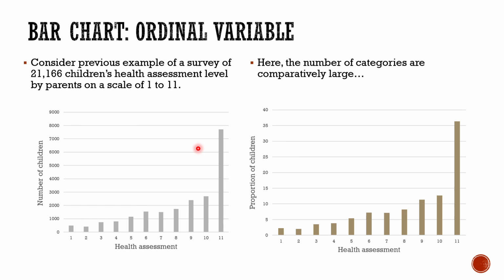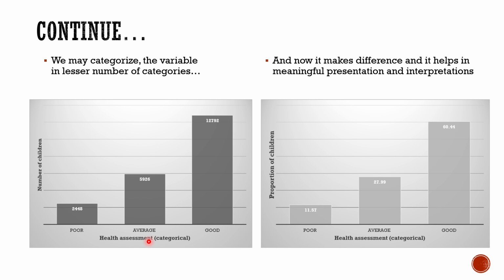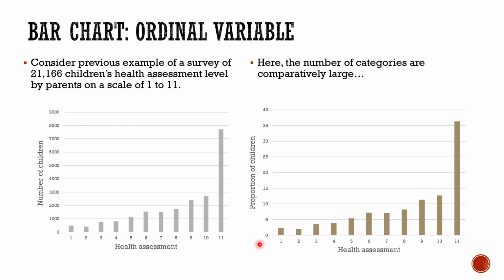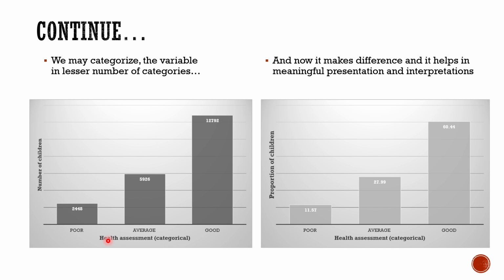And for that, what we do is we categorize it into fewer categories, and you can see that here we have plotted it based on three categories, that is poor health reported, average health reported, and good health reported, based on the ordinal data from 1 to 11. From 1 to 4 we have put it as poor.